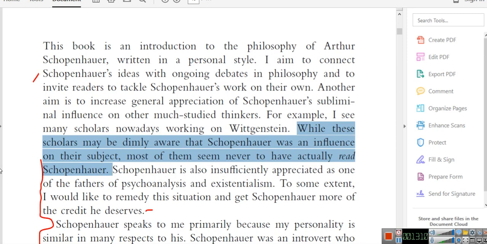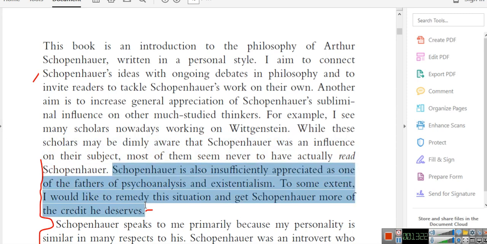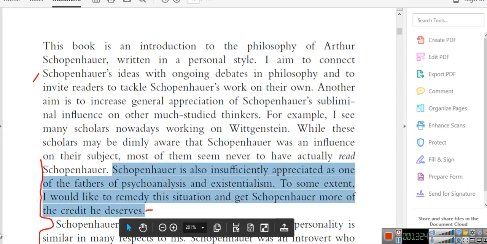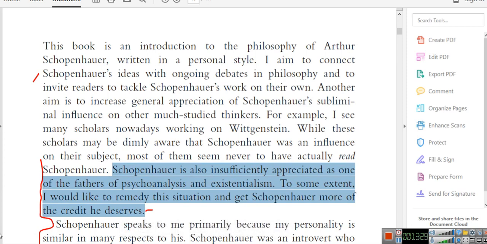"While these scholars may be dimly aware that Schopenhauer was an influence on the subject, most of them seem never to have actually read Schopenhauer." And that was not the last one. This is the last one. "Schopenhauer is also influentially appreciated as one of the fathers of psychoanalysis and existentialism. To some extent, I would like to remedy this situation and get Schopenhauer more of the credit he deserves."